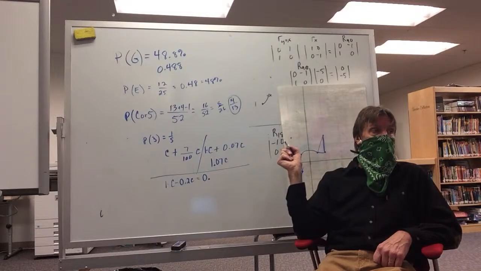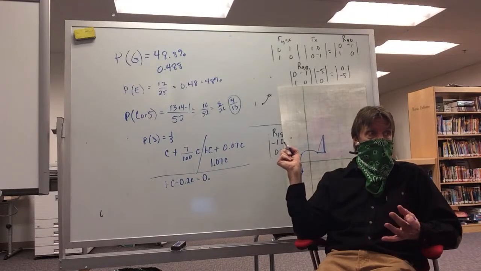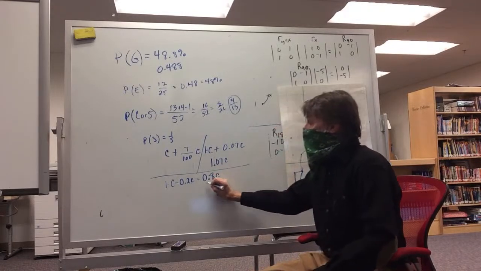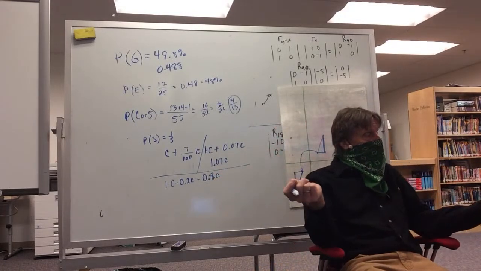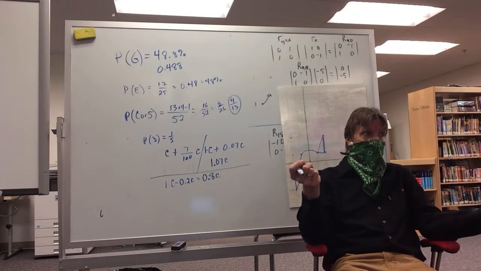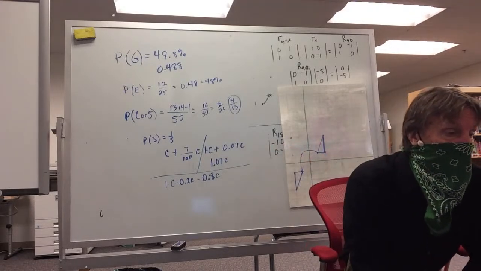It's subtraction. 1 subtract 0.2 is 0.8 C. So the 0.8 is 80%. So if you have a 20% discount, you pay 80% of the cost. That's what that's saying. That's with no tax.